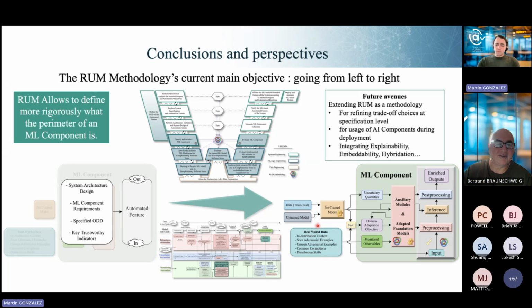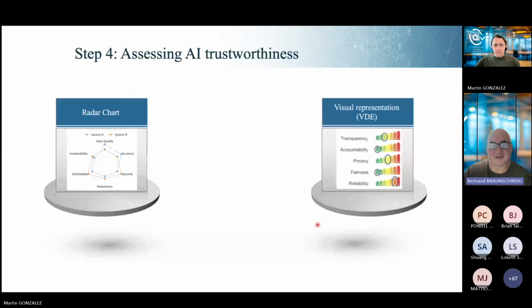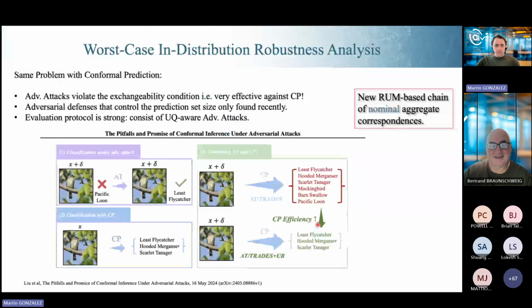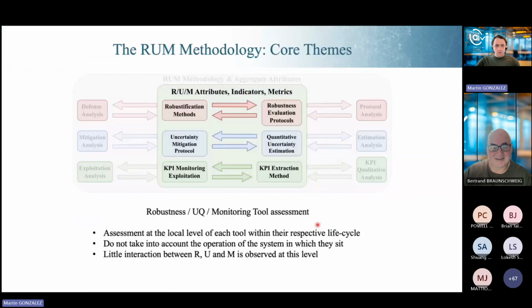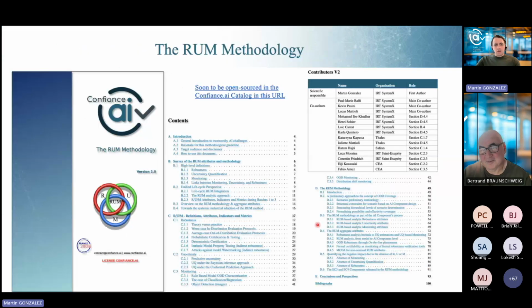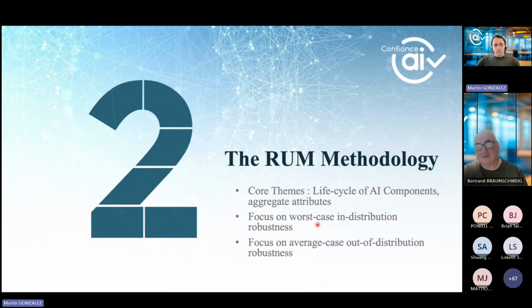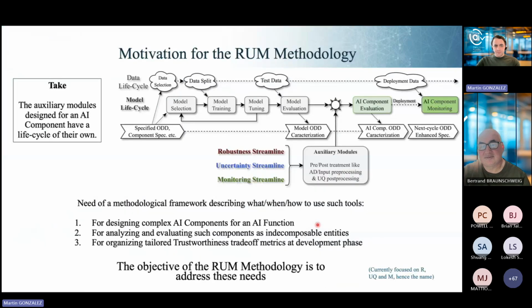The tools, you mean? Software tools. Okay, so that's the whole point. This is a very important question indeed, because the whole point of the RUM methodology is not to be a tool, but to describe a holistic methodological framework to describe how to use tools.